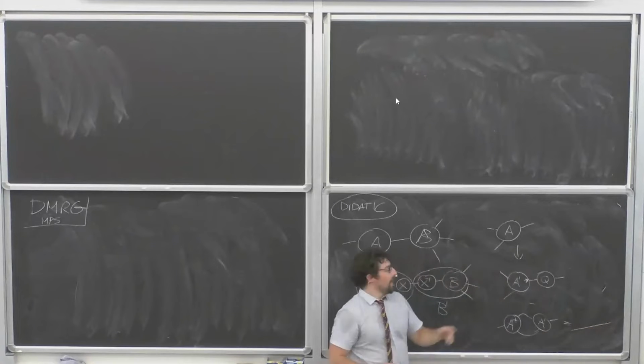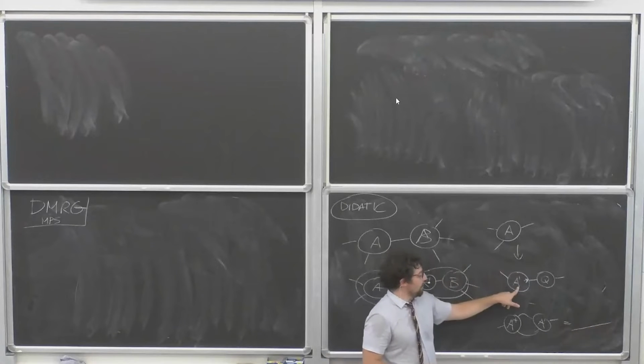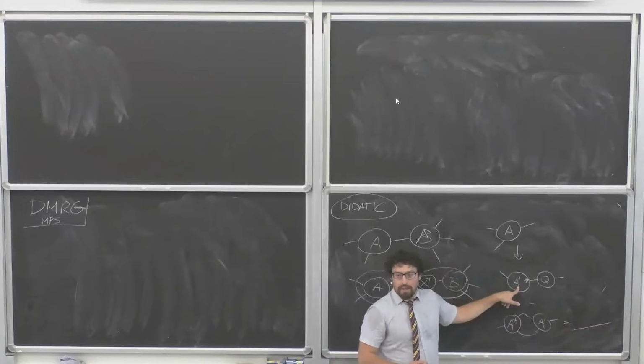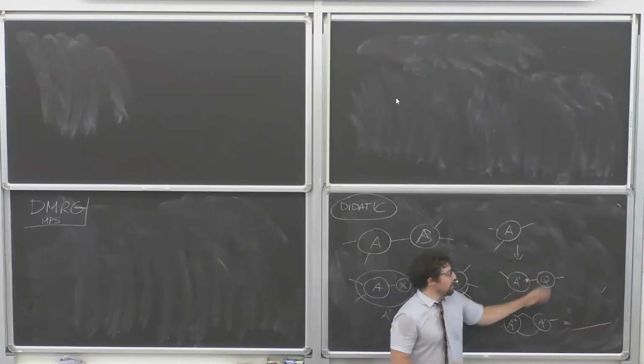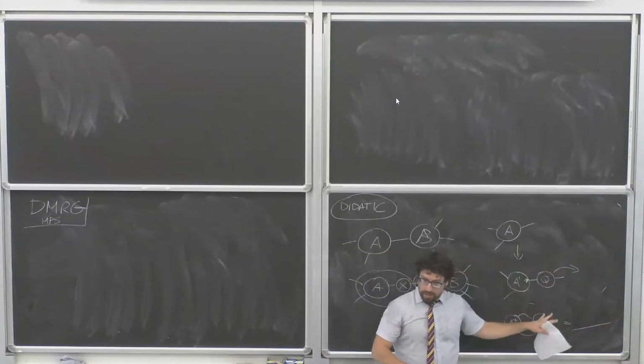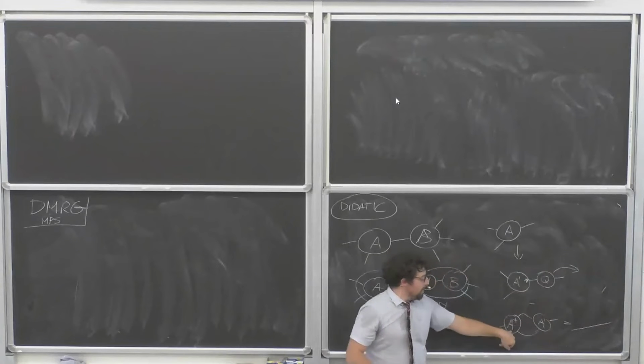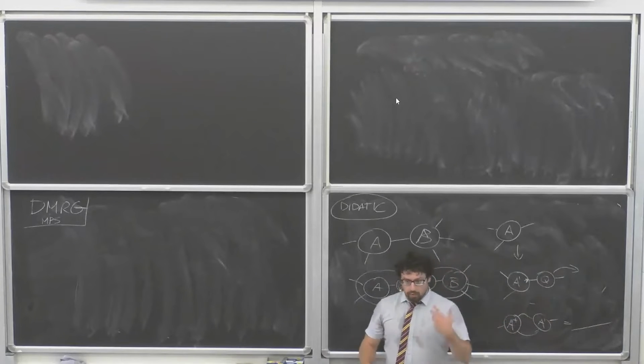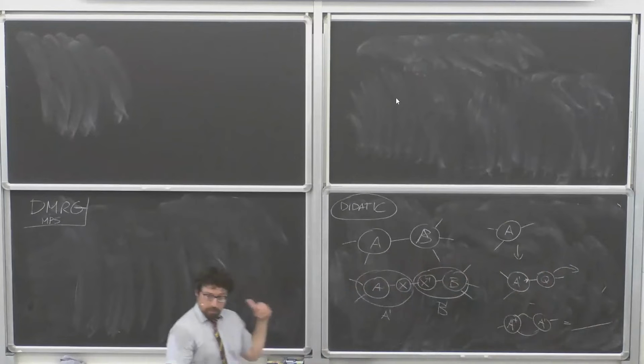I basically took the isometric part of A, and the non-isometric part I detached, and I absorb it into whatever is on the right. The state is clearly the same, but this property will allow me to do calculations much easier, as I will show you in a moment.